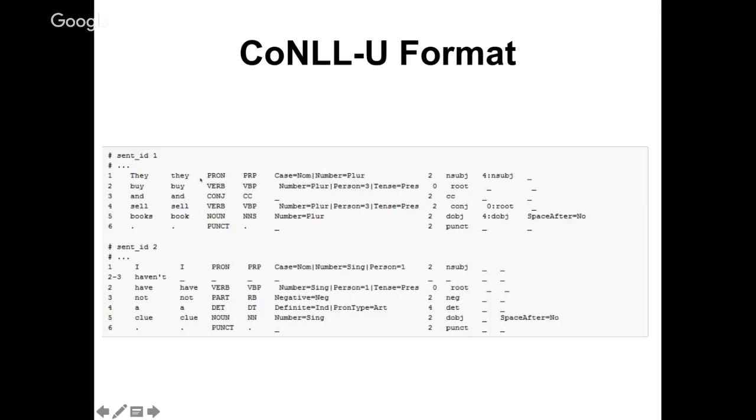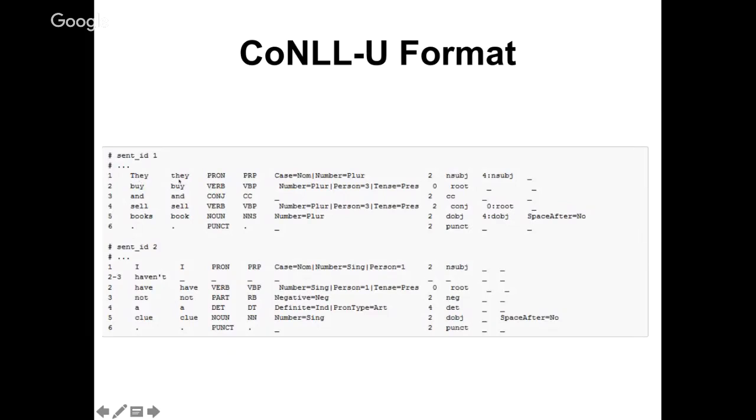It is a tab-separated value format where in the different columns you find, first of all, the ID of the token. So this is the first token of the sentence, this is the second, this is the third, this is the fourth. Then there is the word form: they buy and sell books, dot. So this is the sentence, they buy and sell books. Then there is the lemma.